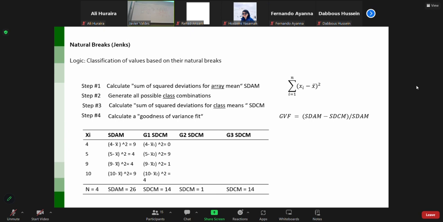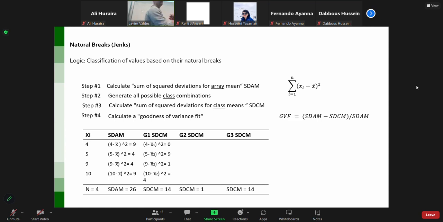And we have to calculate for the first group or the first class. This one is the SDCM, what are you talking about?